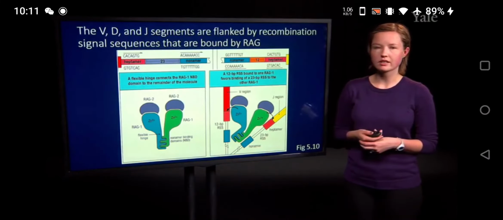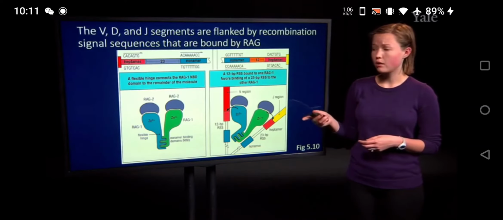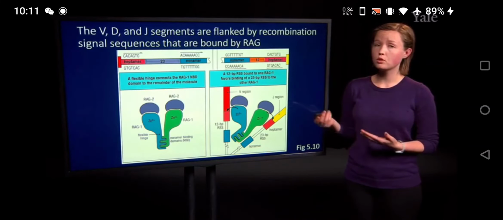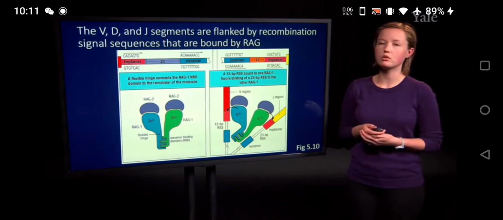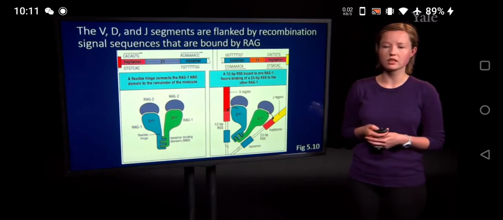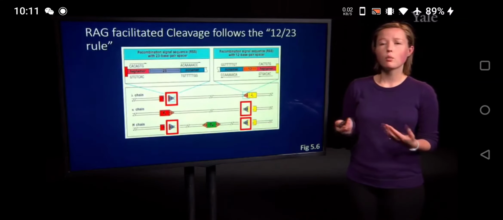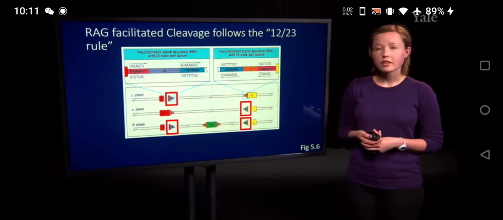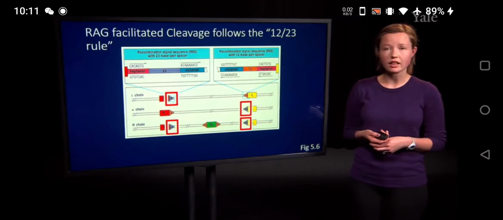However, it will not interact with two 12 RSSs or two 23 RSSs simultaneously. Why is that important? Well, it turns out that this actually helps to facilitate directionality of this particular VDJ reaction.